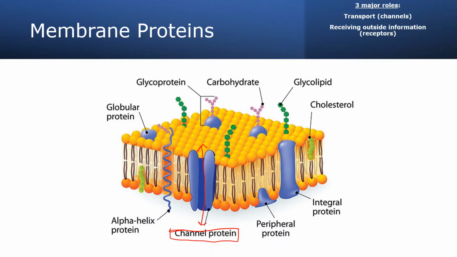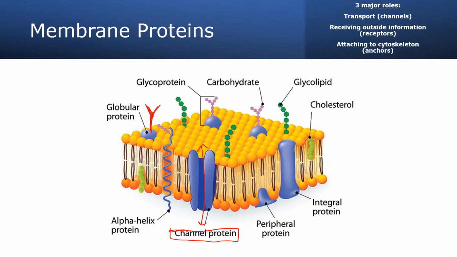Okay, receiving outside information. That sounds very suspicious, like we've heard that before. Those are what receptors do, right? So maybe, and I'm just going to draw this here, maybe this is one of those Y-shaped structures that I always draw in my pictures of a receptor sticking out. It's calling that a globular protein. That's a very generic thing to call it, but it could be a receptor protein receiving information from beyond the cell.